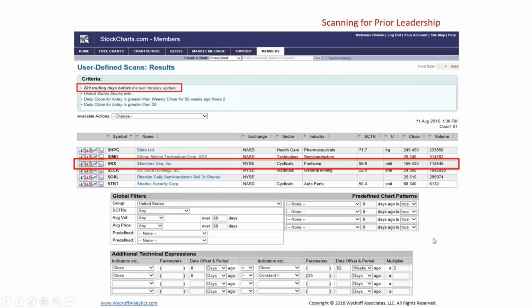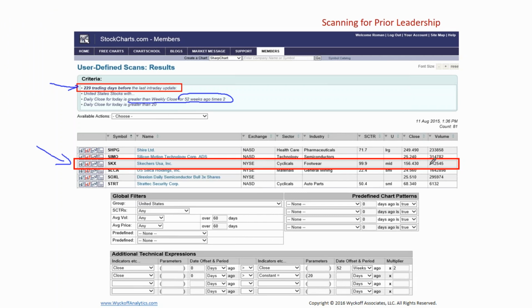Okay, what else could we do? How else could we find the same stock? So here is a StockCharts example. What I'm doing here is creating the scan, and this goes into the history. I'm trying to identify the same day as when I was using that same tool. I want to find all of the stocks that are greater than the weekly close of the 52 weeks times 2. That gives me the stocks that are going to outperform during the rally that this particular stock has had.